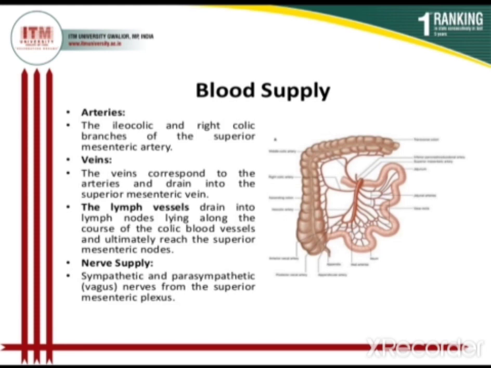And the nerve supply: sympathetic and parasympathetic vagus nerves from the superior mesenteric plexus. So this is the blood supply, lymph drainage, venous drainage and nerve supply of the ascending colon.